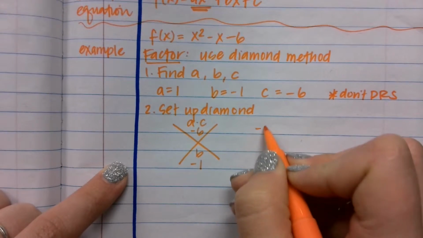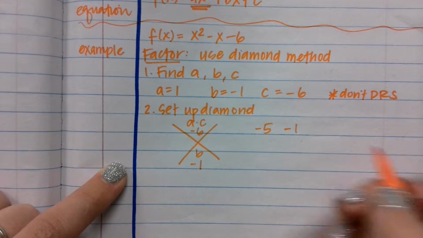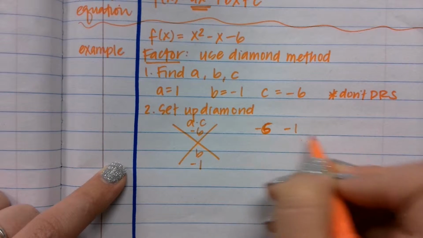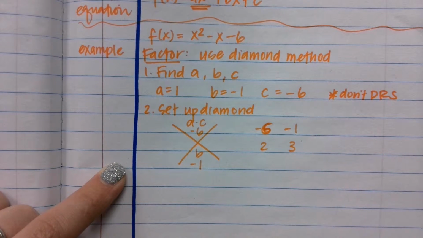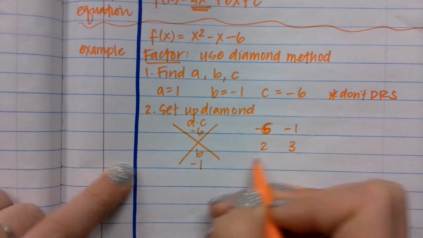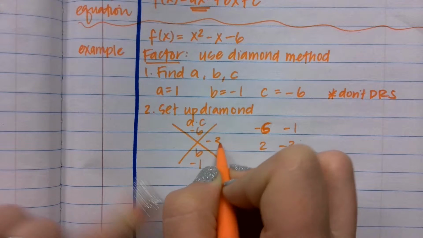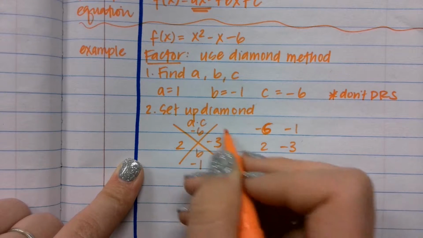Now, you might immediately think -5 and -1, or -6 and -1. That's not going to work. Let's think about how we can manipulate 2 and 3. I can't have the -2 because -2 plus 3 would be +1. So the 3 needs to be negative. I'm not done here. This is not my answer.